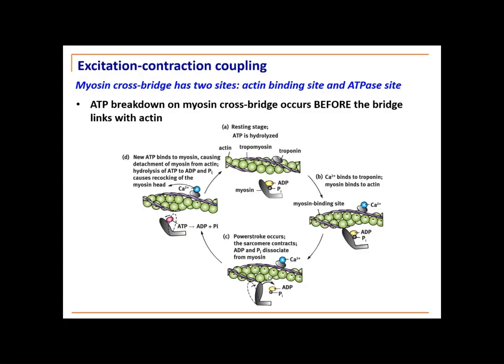During the power stroke itself, that's when the phosphate is released. And after the power stroke is complete, the ADP is released. And when actin and myosin detach from each other, the ATP is split by ATPase activity, and therefore that's energizing the myosin cross bridge once again. And then on binding another actin molecule, the energized cross bridge again bends, and so on. And that leads to a successful contraction.